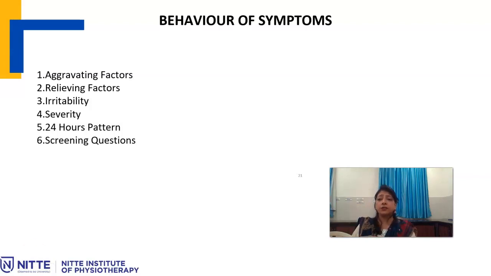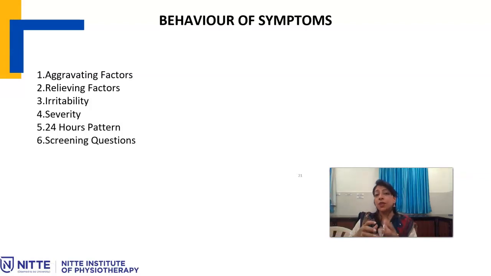Coming to irritability. Irritability means once the pain starts, how long it takes for the pain to come down. That means how much duration it takes for the pain to come down. For instance, if I have shoulder pain and I ask the patient, can you do this movement? Okay, so I get pain. The pain starts.